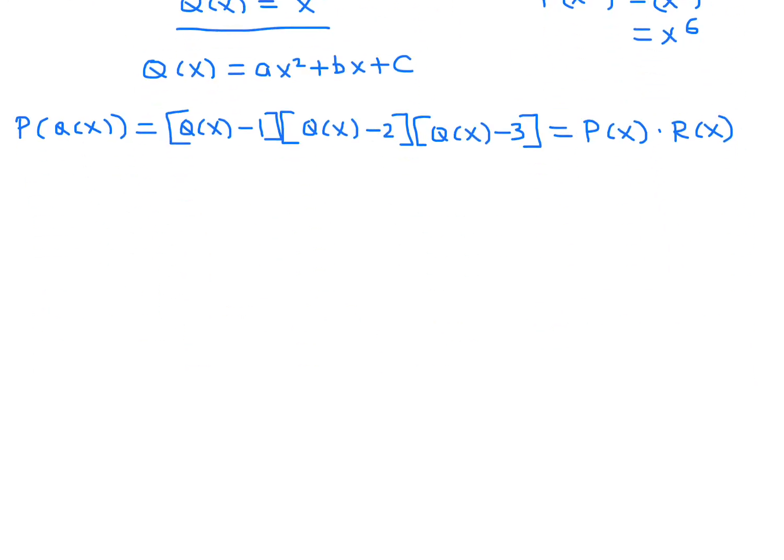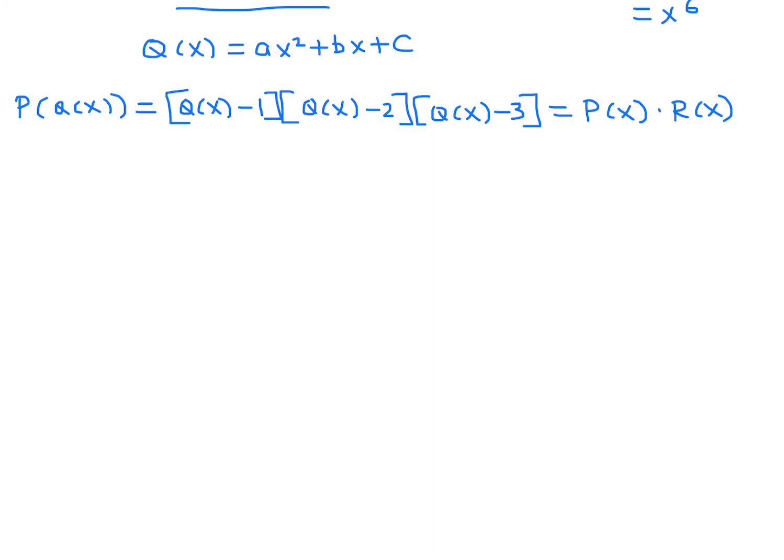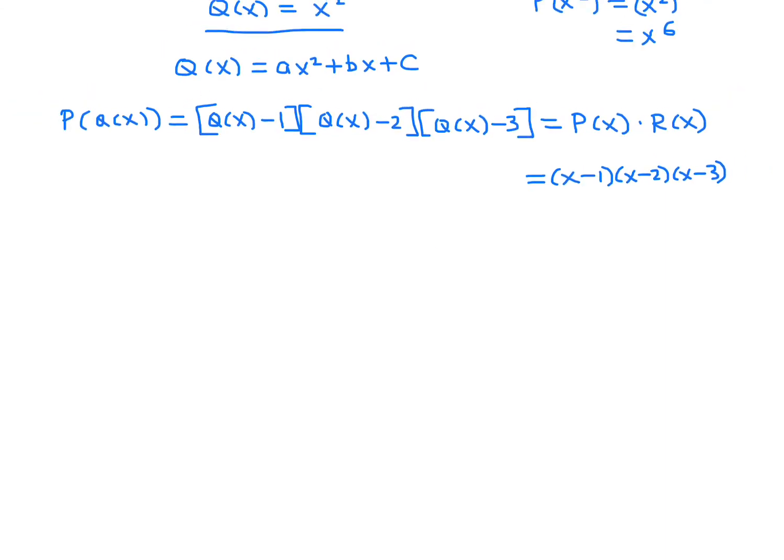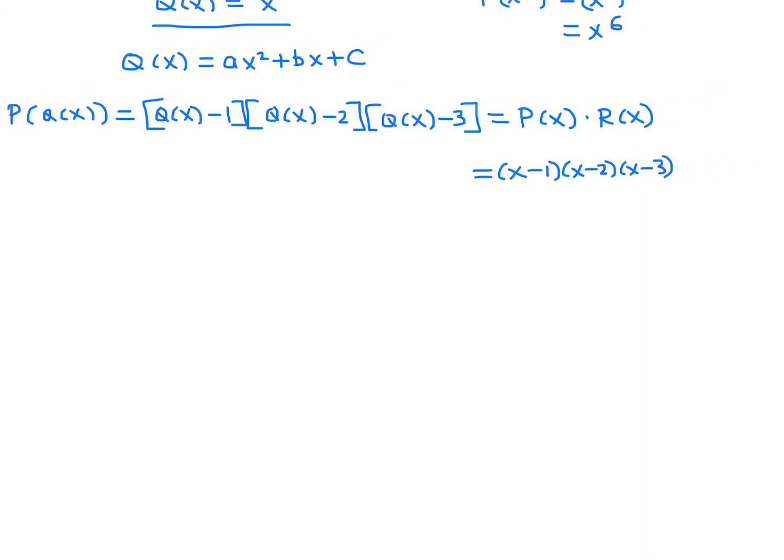Okay, let's move this up. Well, P(x) was given as (x - 1)(x - 2)(x - 3) in the question stem. And of course, we have to multiply that by R(x). All right, so that's the setup of the question so far. No tricks, nothing.